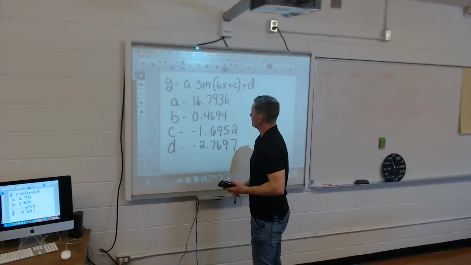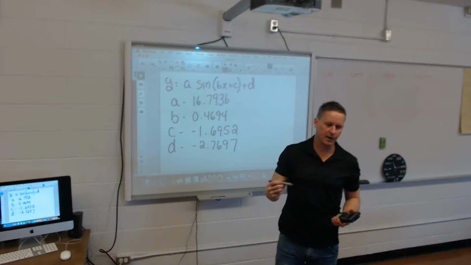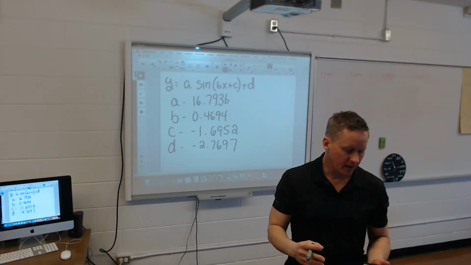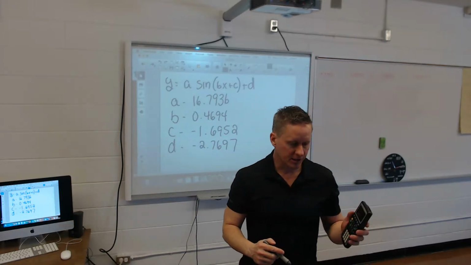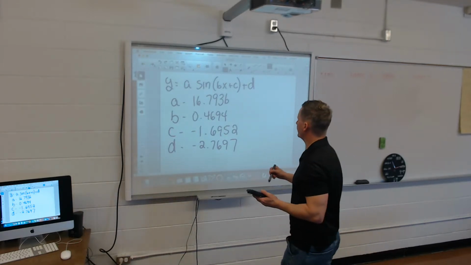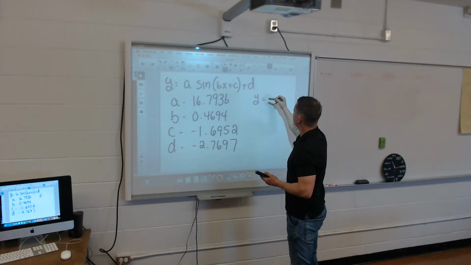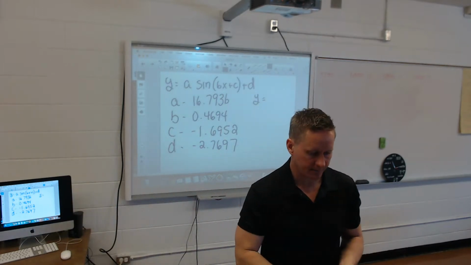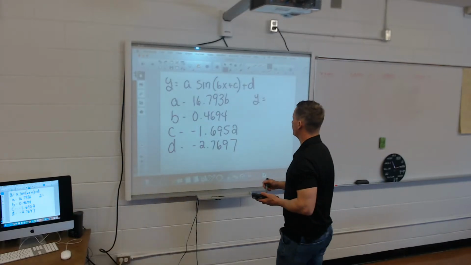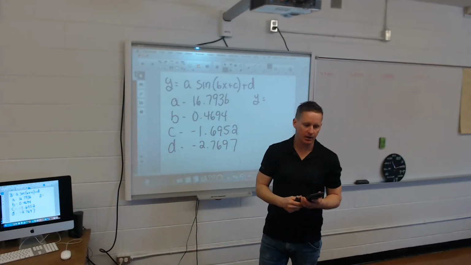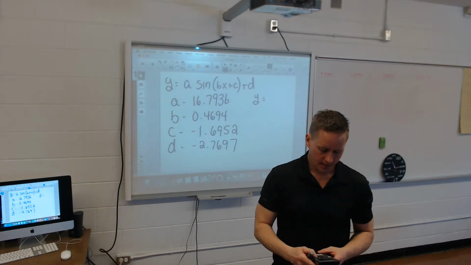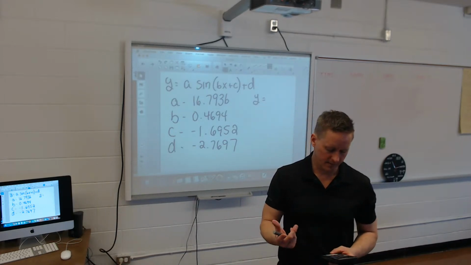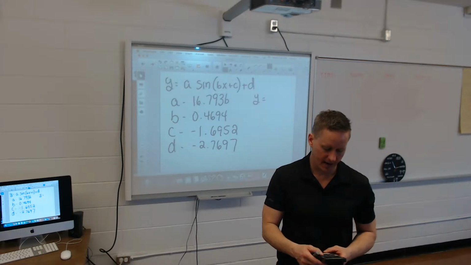Okay, so now we're at this point here. We got our equation. Now we need to get it onto the graph. So the first thing I want you to do is go to y equals, and you have to put your stat plot on. So you remember how to do that? Go up to the top, hit enter on plot 1. I also have y equals 0.5 in mind, my y2, so I'm going to delete that one.